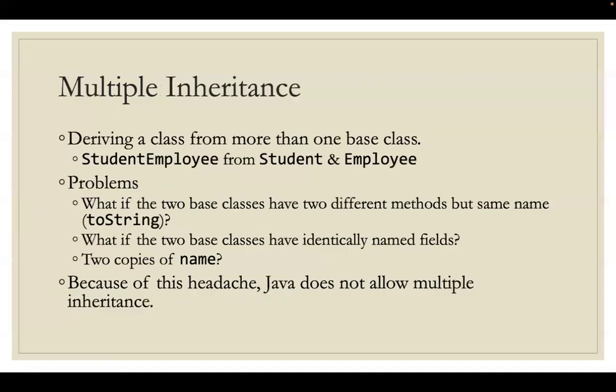Java does not allow multiple inheritance. We can't have a student employee class that takes things from both student and employee, if we want student employee to be able to do things that both a student and an employee can do. That's not allowed in Java.